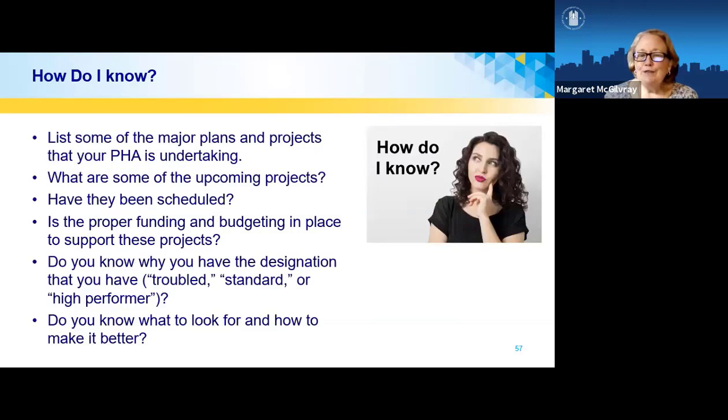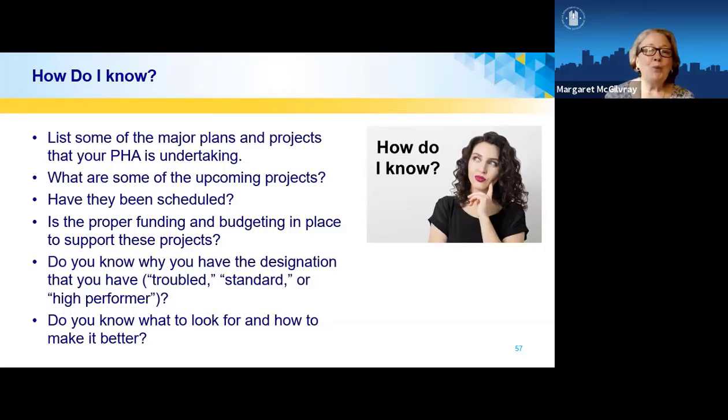And I like to leave this with you because this is a good cross-check, I think, for commissioners to test your knowledge of your own housing authority. And if you can answer most of these questions, then you're on top of your game and you're good to go. If not, then you may still have a little bit of homework to do, or you may want to attend some more of our sessions.